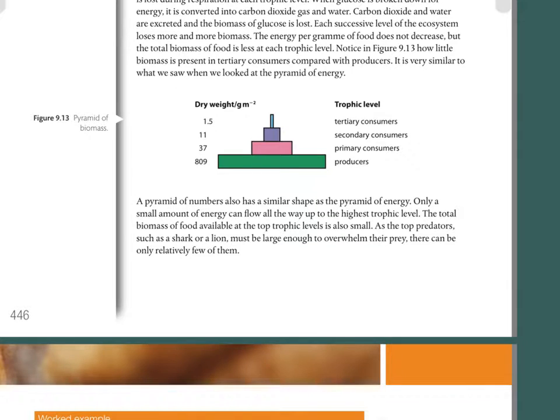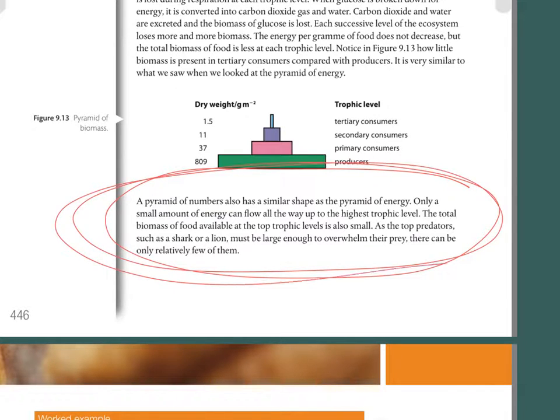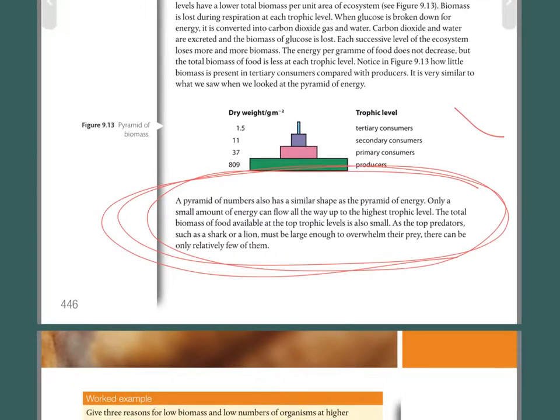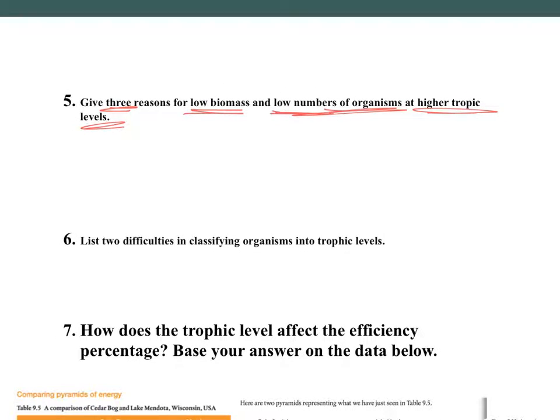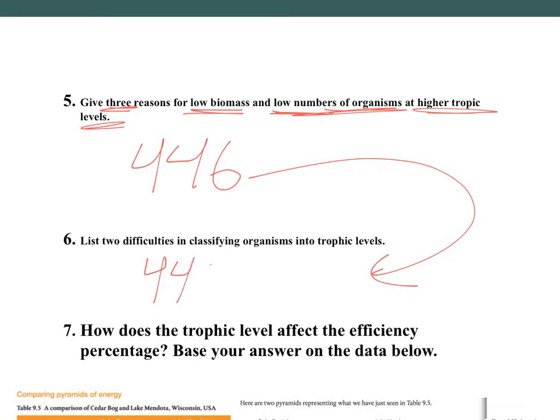Okay, so the 3 reasons are all in this paragraph and above. So we're looking at 446 for that problem. So number 5, 446. Classifying is below that, 446 through 448.